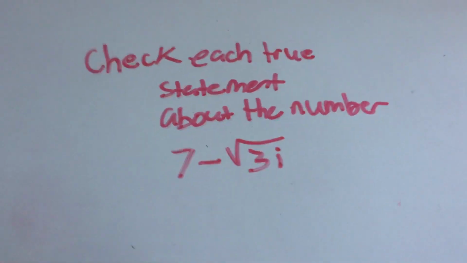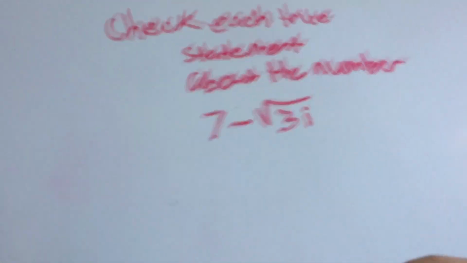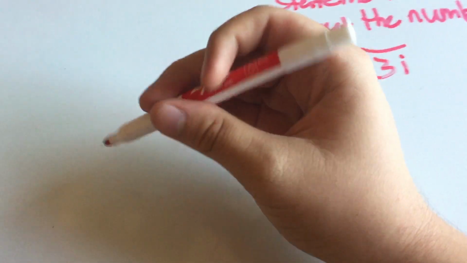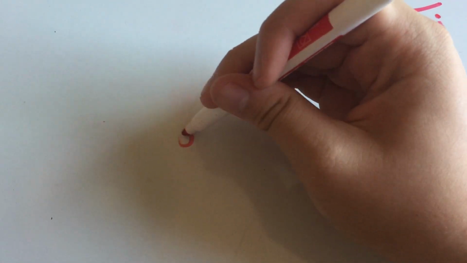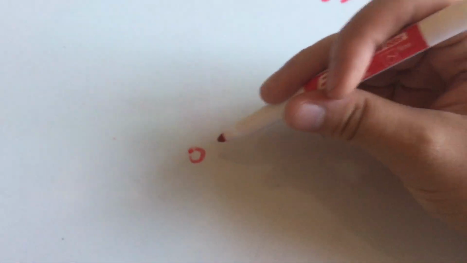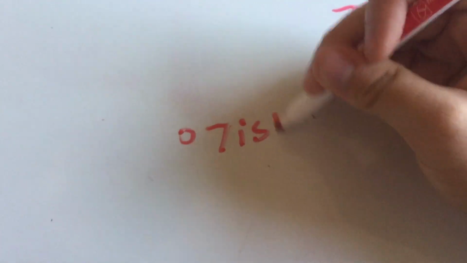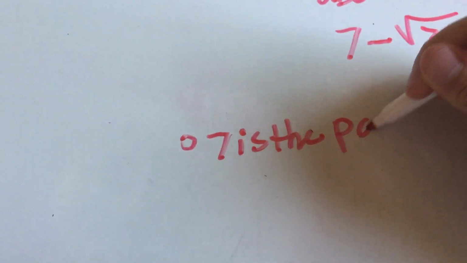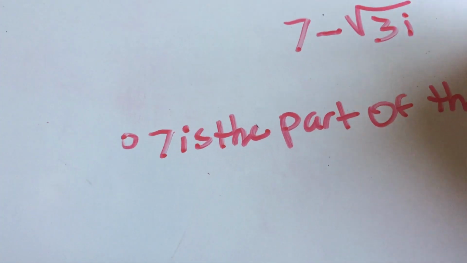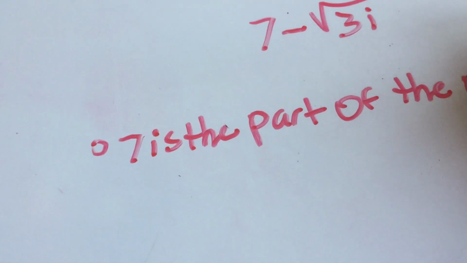Alright, so the first one is, say, like a dot, ABCD. First one, 7 is the part of the number.